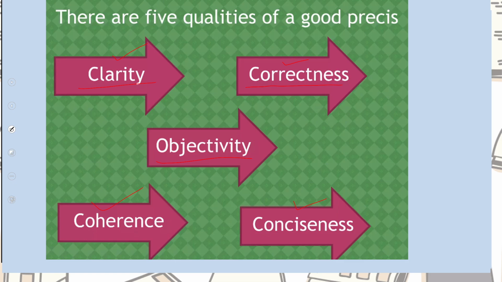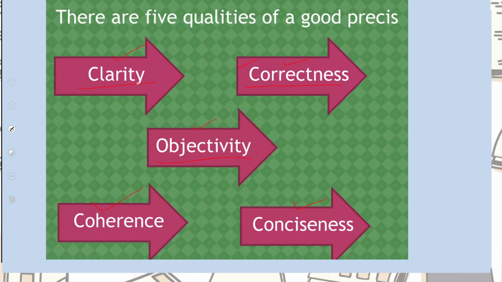So first, our Pressy should be clear. It means it should make sense and it should not include anything that is not adding up into the Pressy. Next, we have correctness. It means the Pressy should give a very good understanding and correct information from the original text. You cannot make it incorrect, illogical, or non-factual.